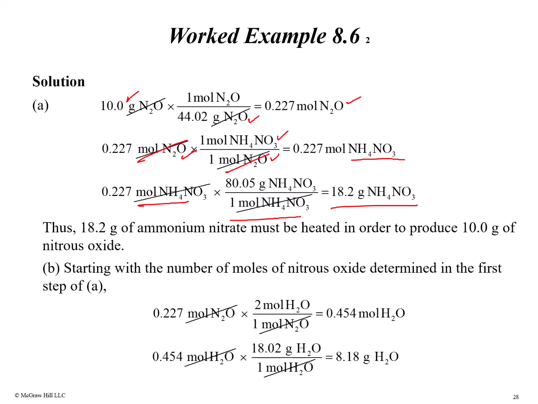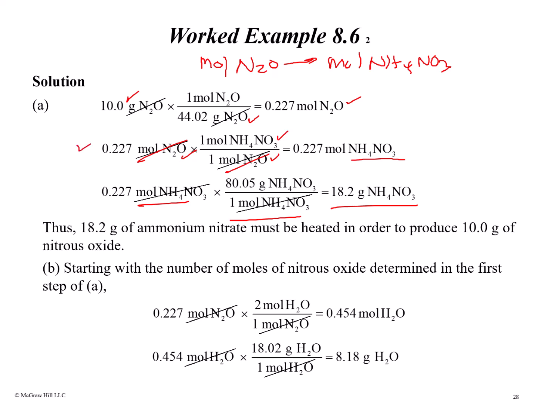That's a stoichiometry problem. That's what we're looking for. Are they all this complex? No. Maybe all you have to do is change from moles of nitrous oxide to moles of ammonium nitrate. In that case, you'd only be doing step number 2.